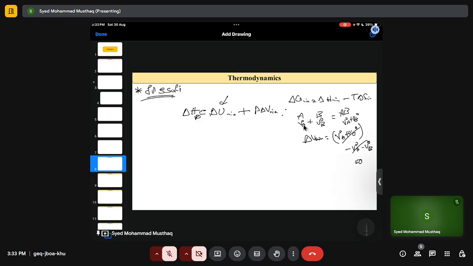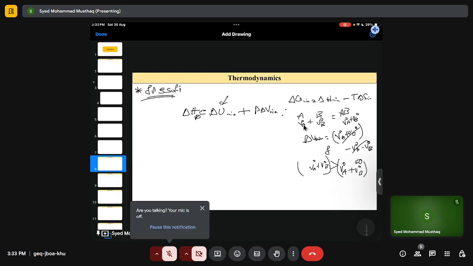Okay. Now, for some reason, if V naught AB final is greater than V naught A plus V naught B initial, then you have delta V mix greater than 0.